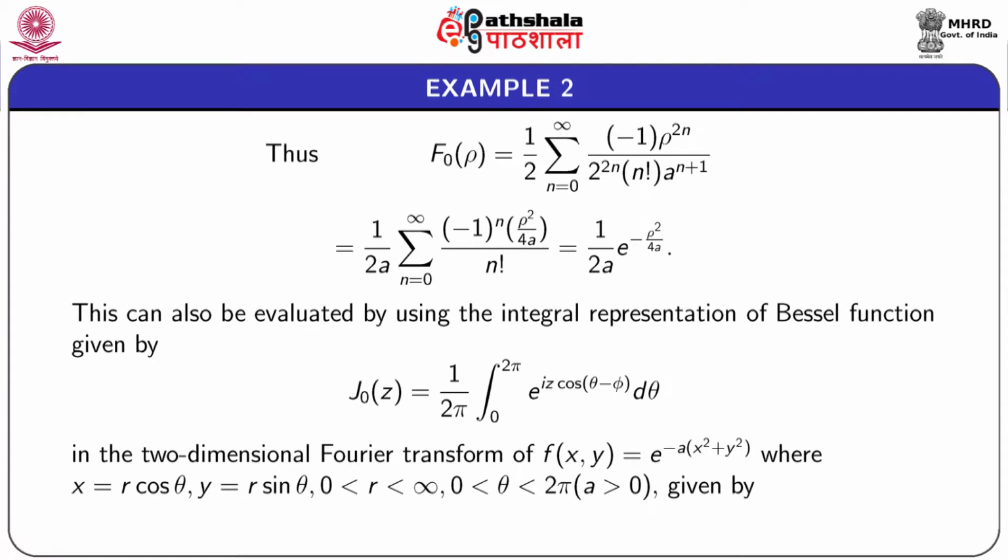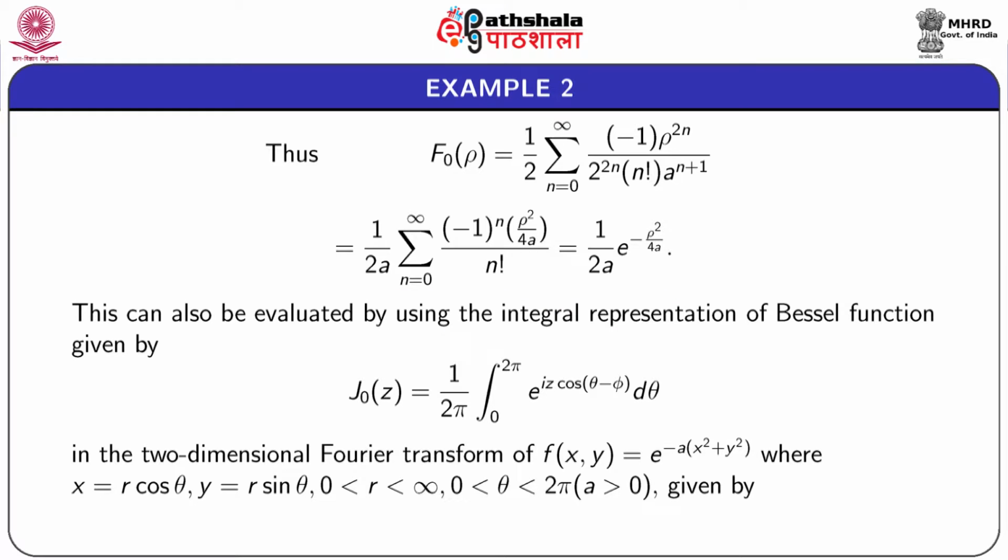Thus, with this simplification, F0(ρ) is equal to half summation n equal to 0 to infinity (-1) to the power n ρ to the power 2n divided by 2 to the power 2n (n factorial) a to the power n plus 1, and that can be simplified to obtain 1 by 2a e to the power minus ρ square by 4a.